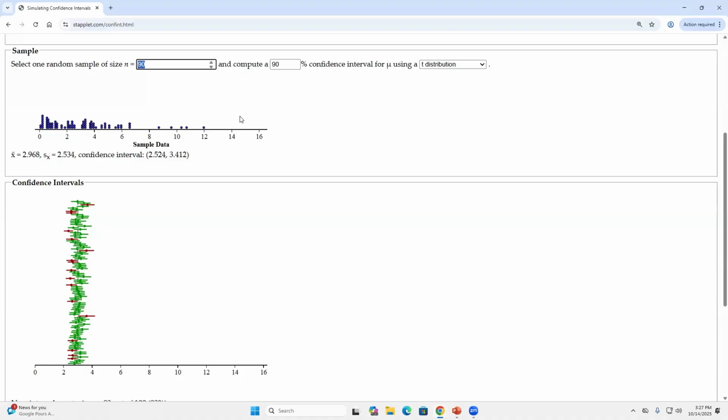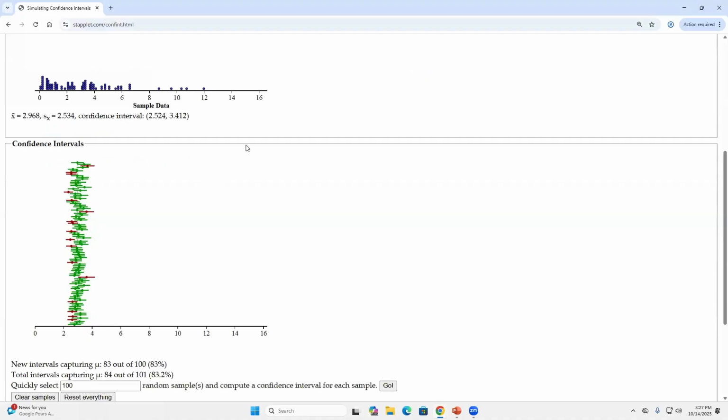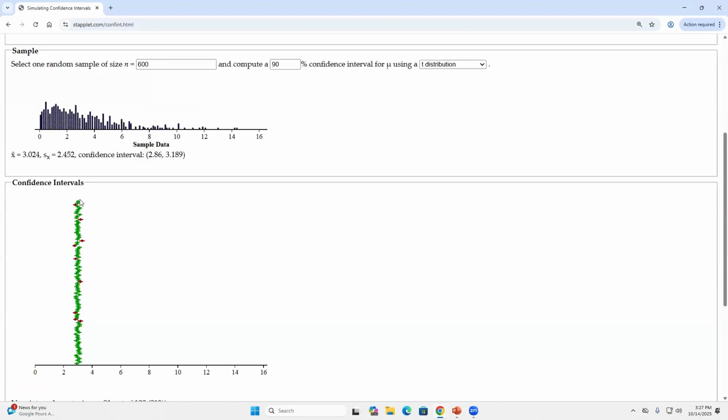She's going to be able to say, my sample size is 600, so I can create a 90% confidence interval. If we hit go here for a sample size of 600, you can see that the margin of error is super tight. You can get a very, very tight estimate and still be confident that you're hitting that population parameter.